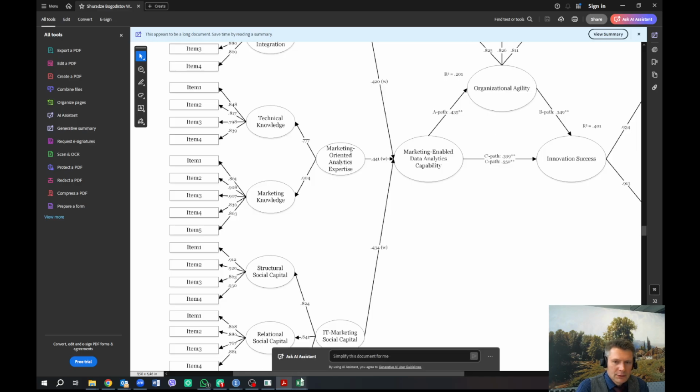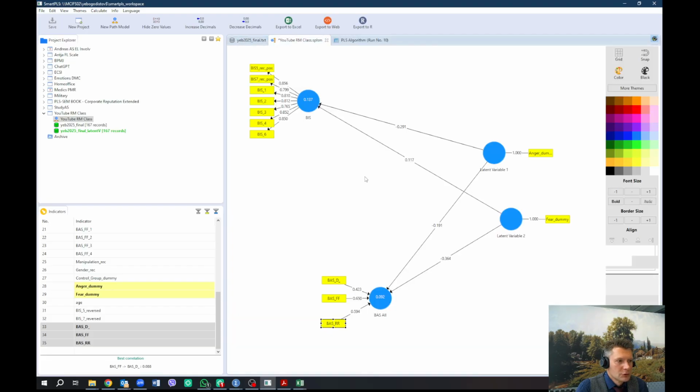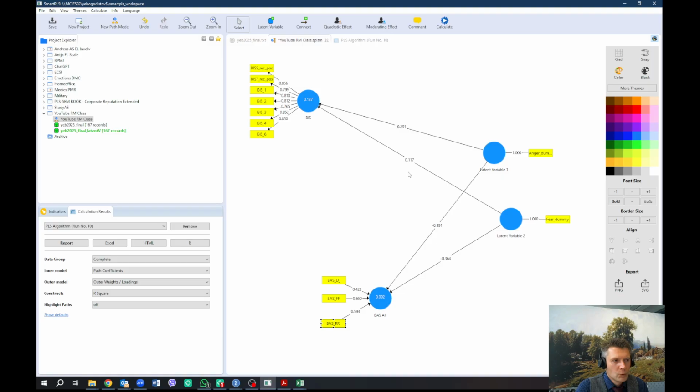And actually the rest runs absolutely the same way as I showed you before. So you run the model, you aggregate in the same way, so you go to these latent factors, you copy them. This will be aggregated weights, not aggregated loadings. You include them in the model, you repeat the model just with the formatively related constructs, you calculate it, and then you will see what the results are.